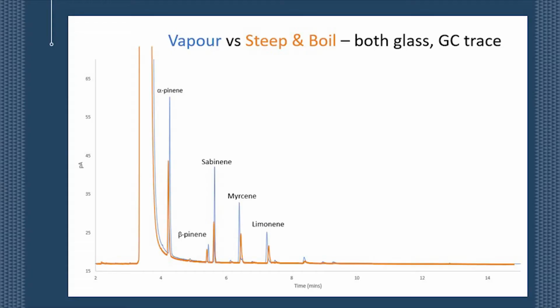I was surprised that the vapor infusion of all the samples came out with the highest concentration of botanicals across, because I would have thought that steep and boil would have come out with more. And vacuum, I didn't know what vacuum was going to do, to be honest, and vapor infusion would sit sort of in the middle. It came out as the top.